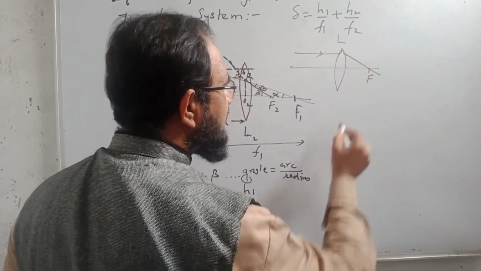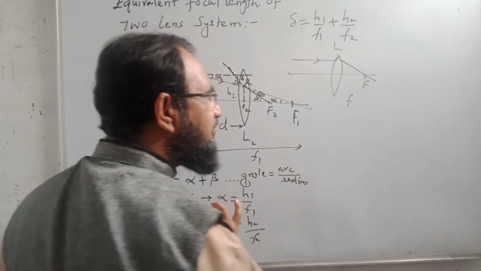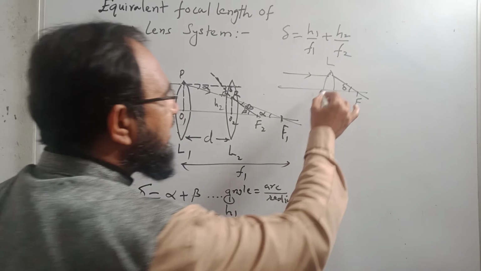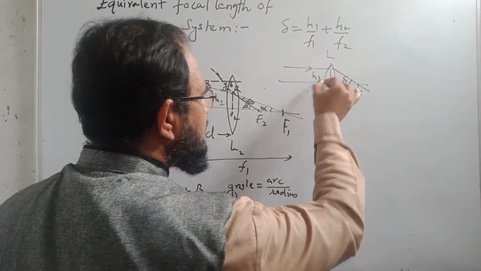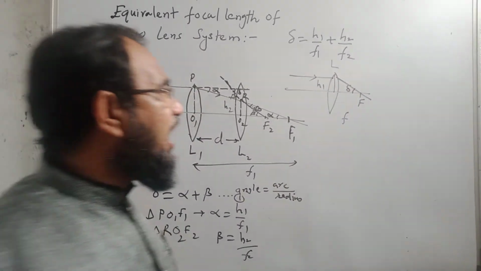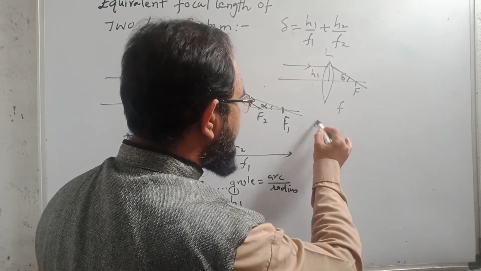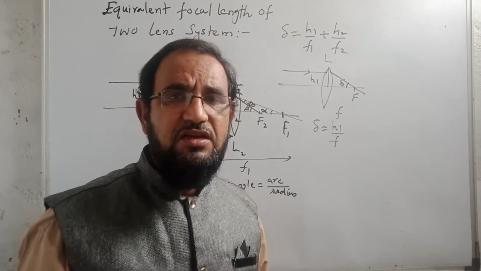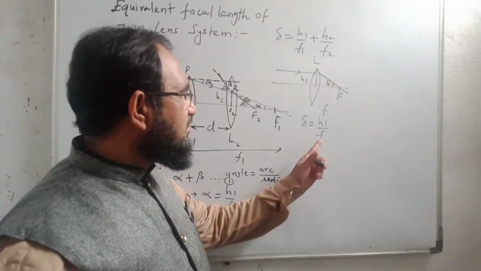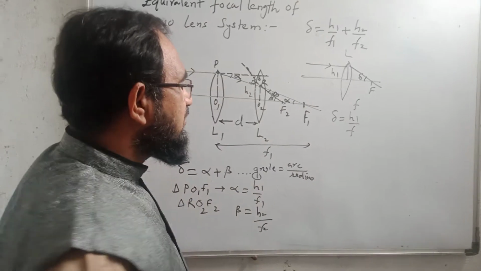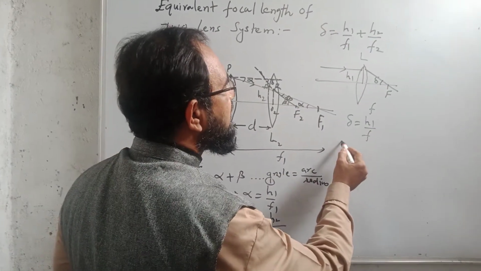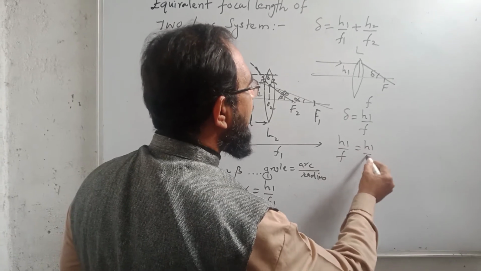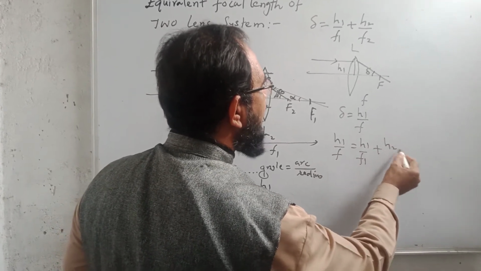This is the final focal length F, this angle is delta, and the initial height is H1. So delta is H1 by F, where F is the resultant focal length of the system. Therefore, H1 by F is equal to H1 by F1 plus H2 by F2.